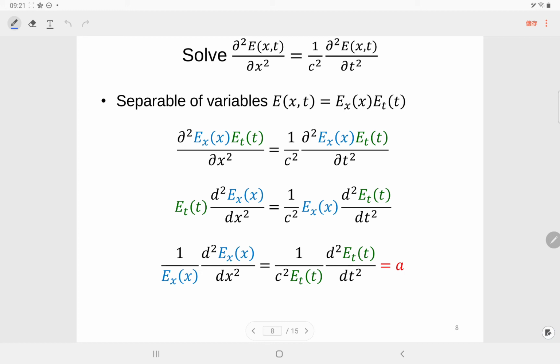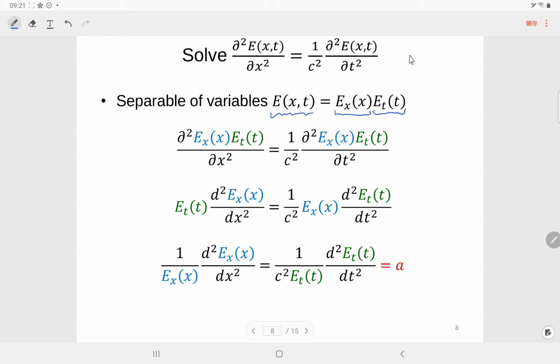Separation of variables means, suppose the E field is a function of x and t. We just assume it to be a function of x itself multiplied by a function of t itself, so they are totally separate and then multiplied together.